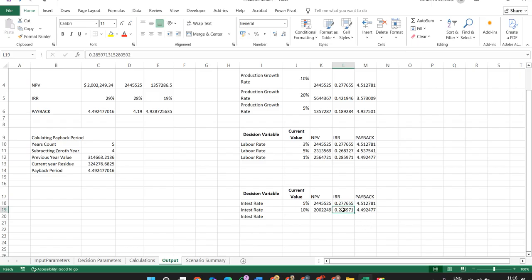It became 28%. Before that, it was 27%. And payback period, before that, was 4.5 years. Now it is 4.49 years. This also shows a positive impact when interest rate is increased. This is the discount rate. Discount rate. Okay.